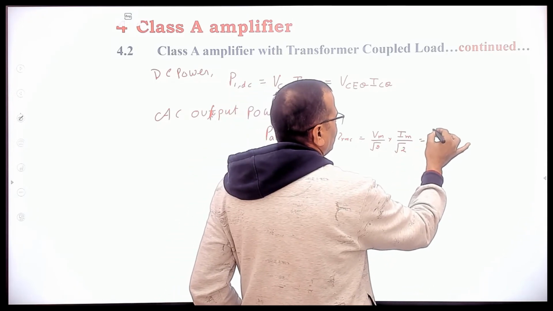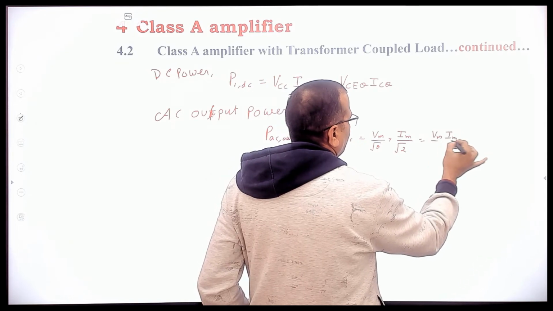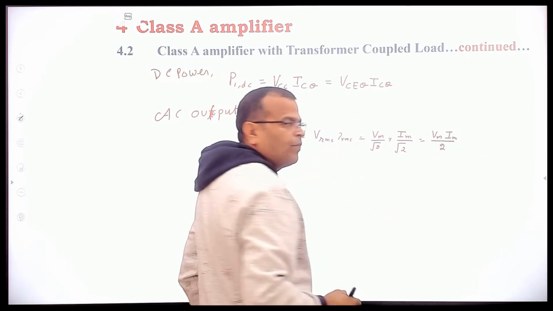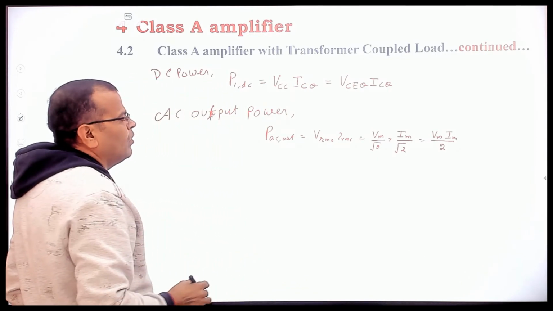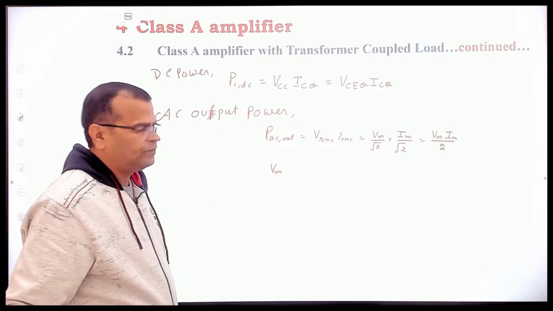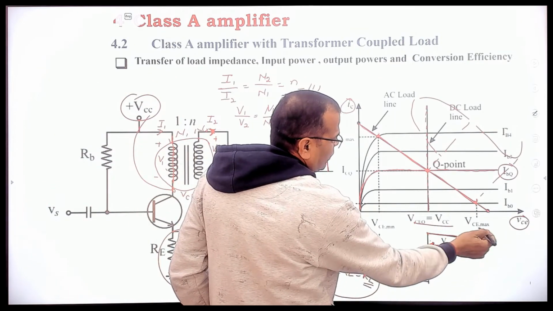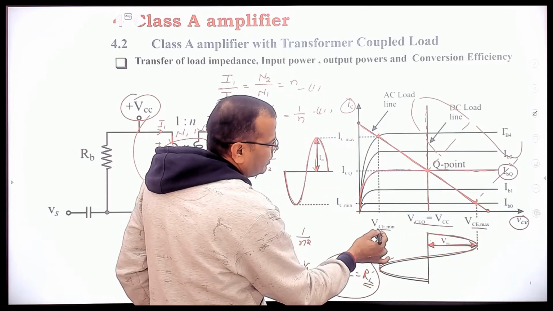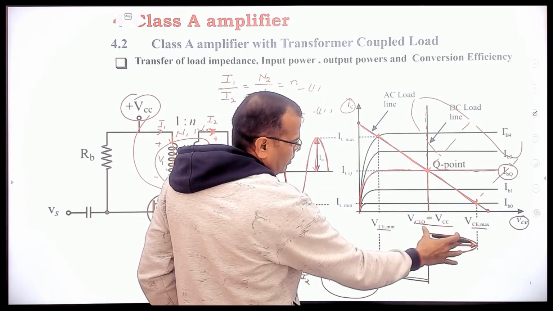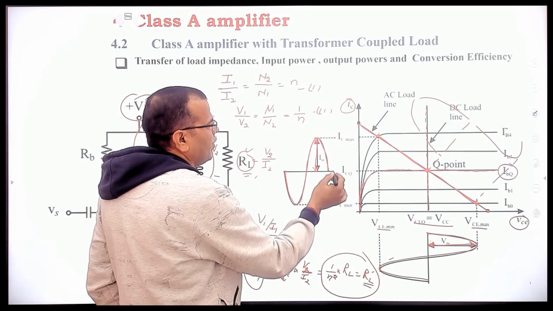That is equal to Vm into Im by 2. Now we know Vm. Please see the diagram again. Vm is this. So this voltage is VCE maximum minus VCE minimum, divided by 2. Similarly, IC maximum minus IC minimum divided by 2.